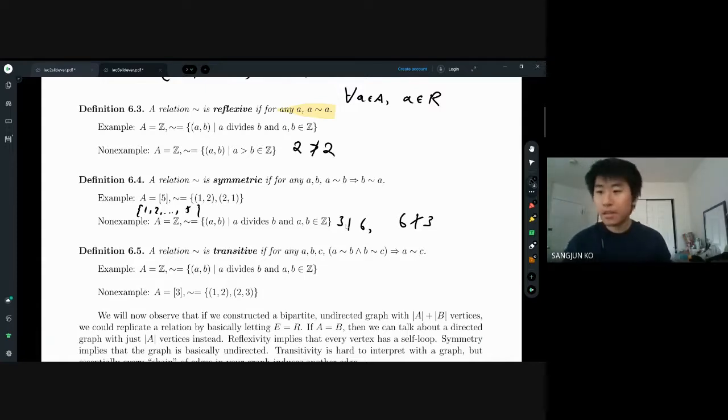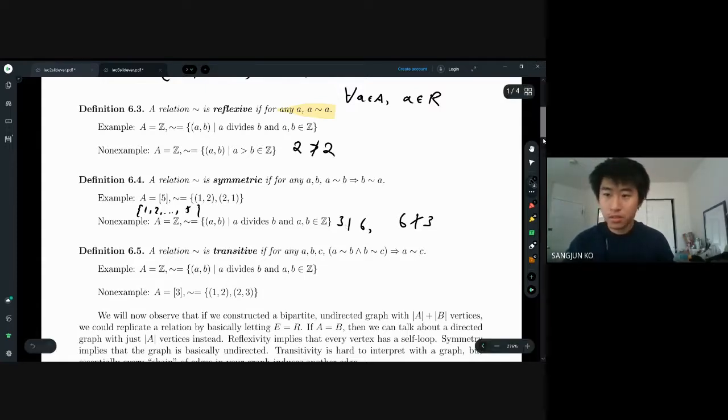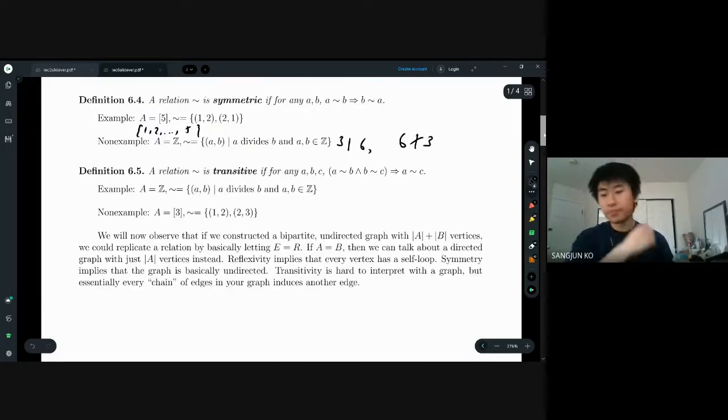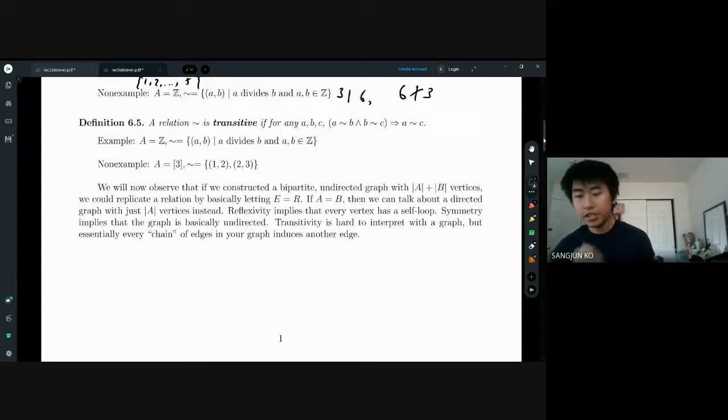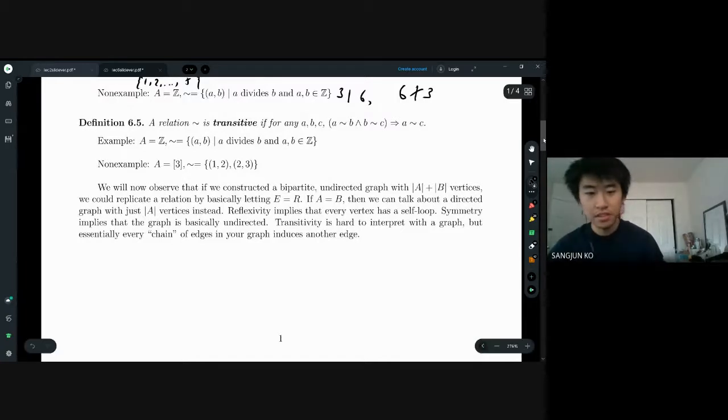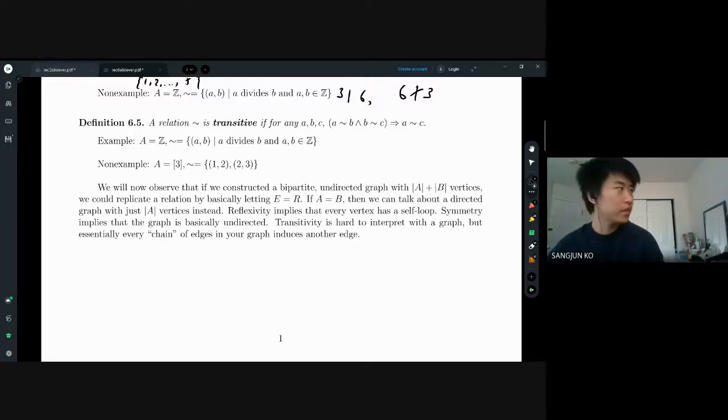Now, let's see. Do I have space? Oh, sure. If you have a bipartite undirected graph with a plus b vertices, you can think of a graph as signifying a relation, where the set of vertices is the set you're thinking about, and the edges tell you how these things are related.